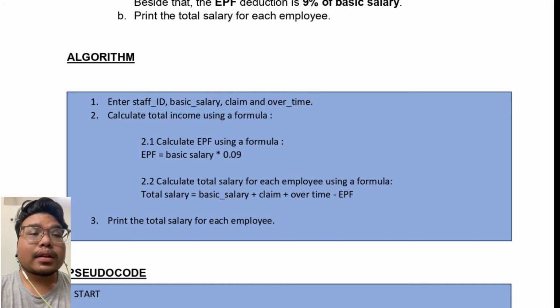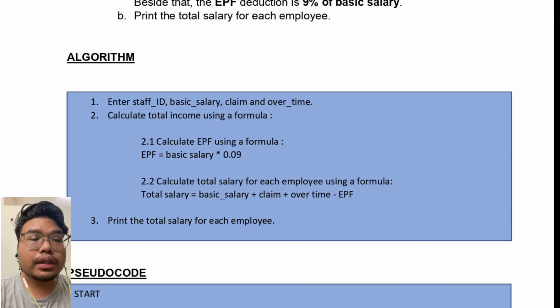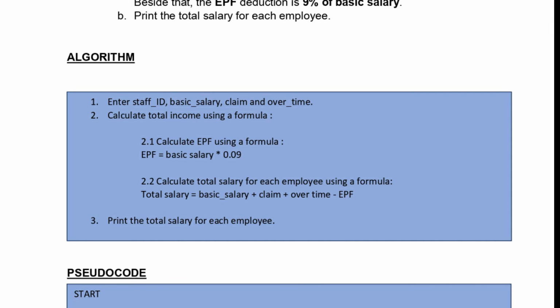And then calculate total salary for each employee using a formula: total salary is basic salary plus claim plus overtime minus EPF. And the last step for the algorithm is print the total salary for each employee.